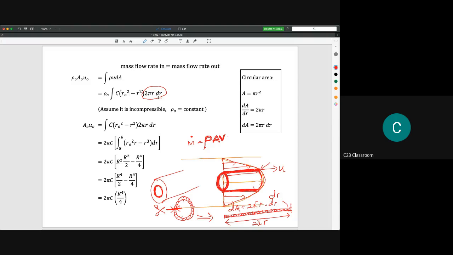And then we have u. So u is c (r naught squared minus r squared) over rho, as given in the question, and rho is the initial rho.